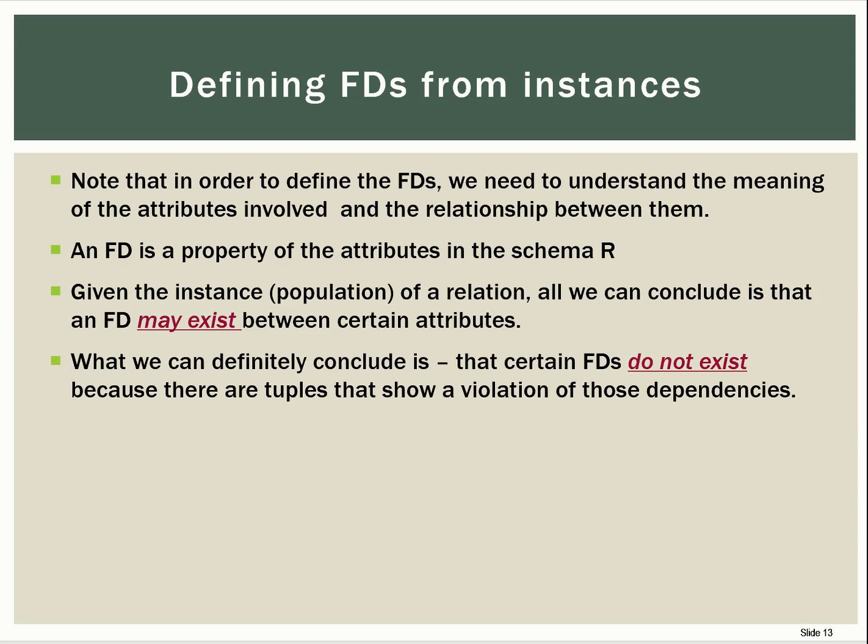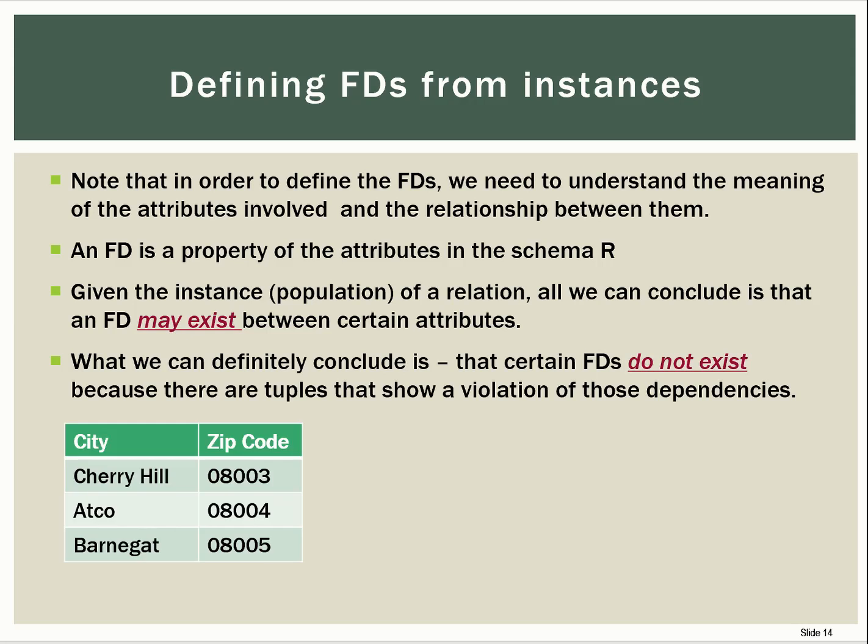So for example, if we were to look at these zip codes, you might assume that there's a functional dependency, that the city determines the zip code and the zip code functionally determines the city. But that's because we don't have complete data in this table.